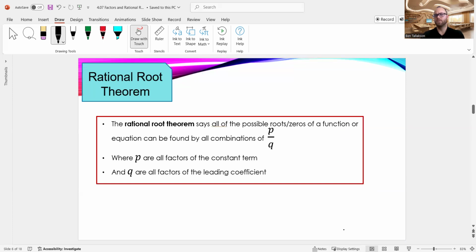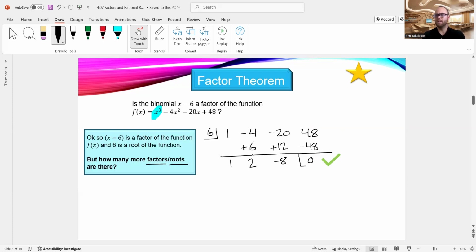Interesting. Well, the rational root theorem might be one way, but before we look into that, there's something else interesting I want to show you. You found that x minus 6 is a factor, but whether you realize it or not, you also found what it multiplies with to give you the original function.